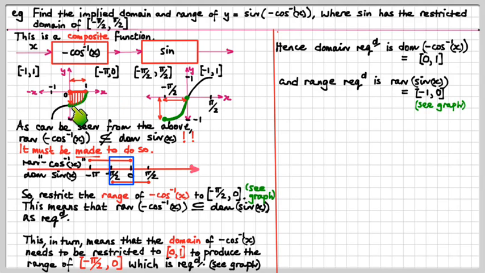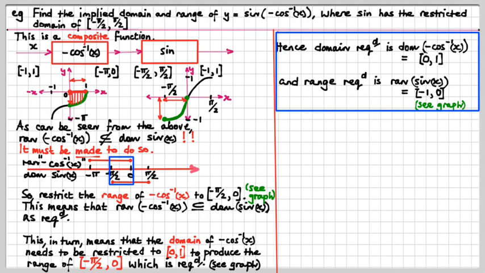That range is the domain from minus pi on 2 to naught going into this one, and therefore that will produce a range from minus 1 to naught. Do you get that? Right? That's how you do these composite function horrors. And that's the answer, and that's the end of our video.